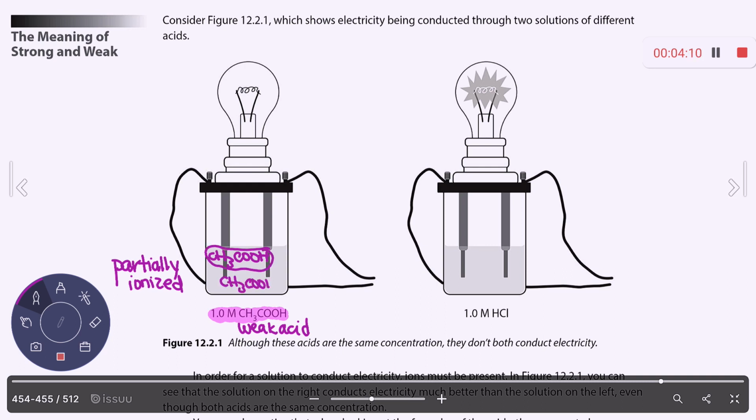And then very infrequently, and I'm just going to make it as though the solution is going all the way up here because it makes it easier for me to show you in terms of quantity. Almost all of it will be molecules.